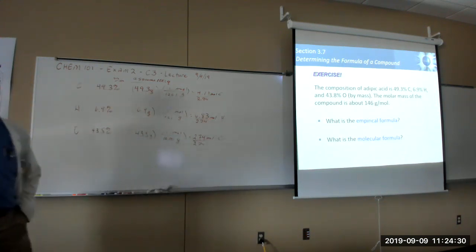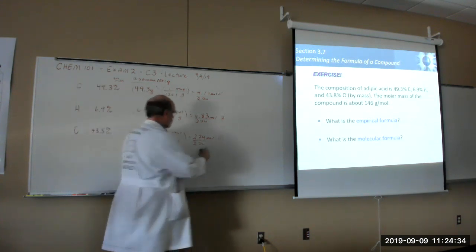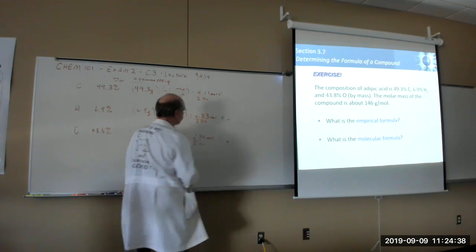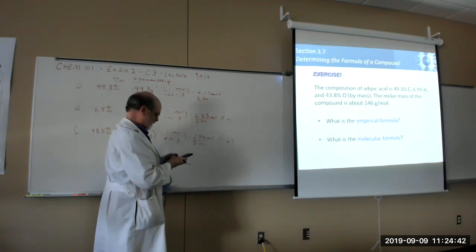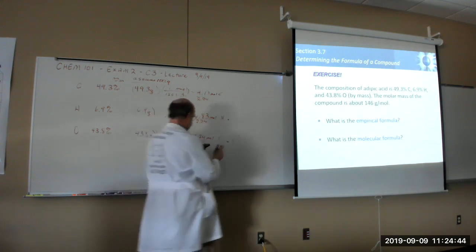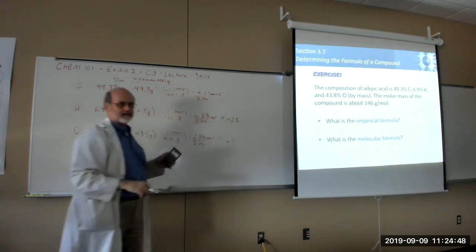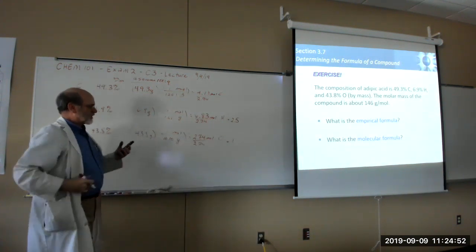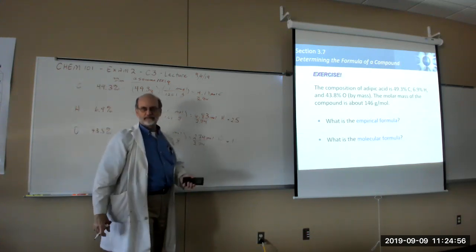So we're dividing by the oxygen value because it's the smallest one. So this one is 1. 6.83 over 2.74 is about 2.5. Now this time it's okay to start estimating, rounding things off, because experimental error is never going to give you exact whole numbers.